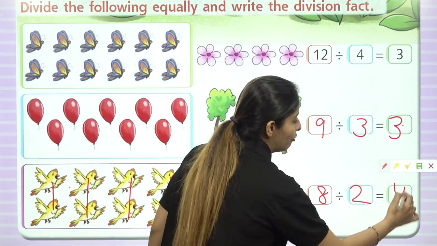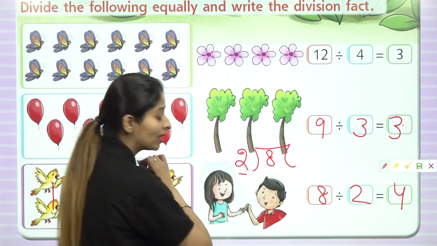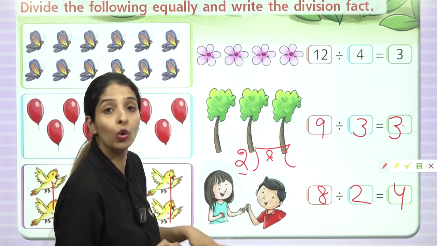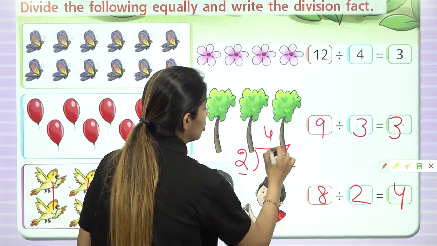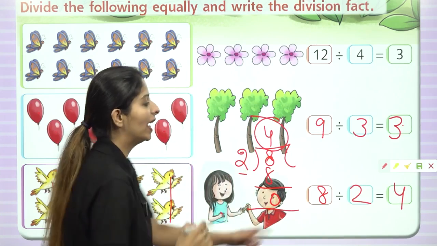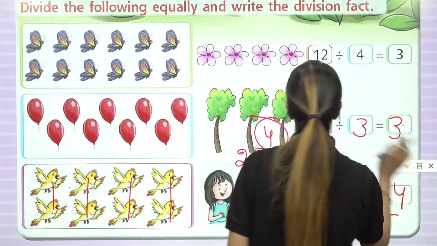So it will be 4. When you divide 8 using the 2's multiplication table, when we get 8, 2 into 4 equals 8. So your answer will be 4. This is how you divide equally.